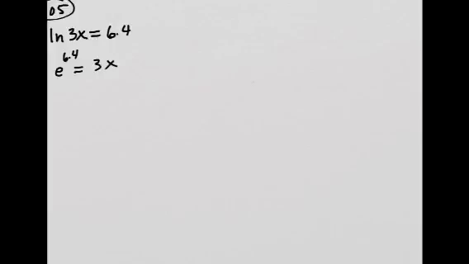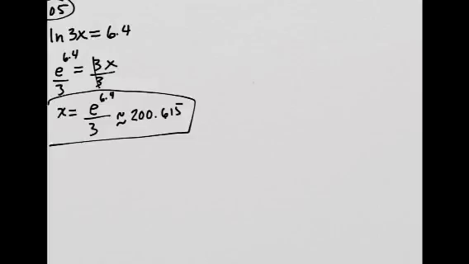So I'm going to divide by 3. Okay, so x equals e to the 6.4 over 3. This is the exact value. For the approximate value, we get 200.615. This is the approximate value right here. So I have both exact and approximate.